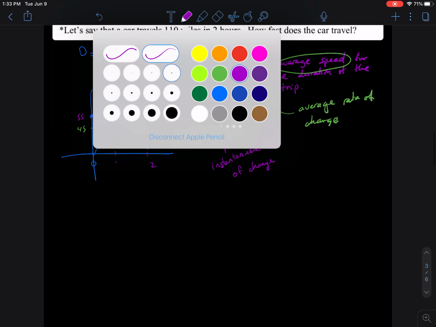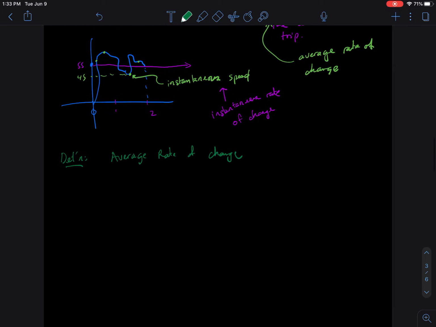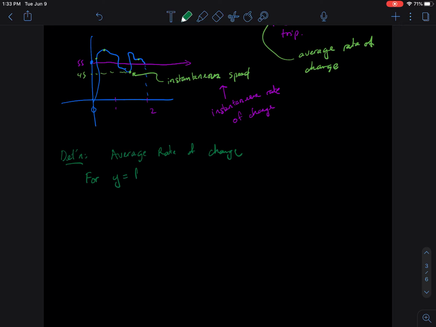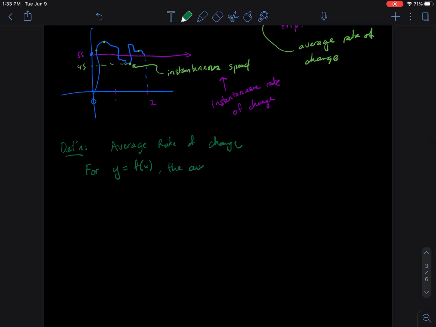So, the definition of the average rate of change: for a function y equals f of x, we define the average rate of change from a starting value x equals a to an ending value a plus h by the following formula.